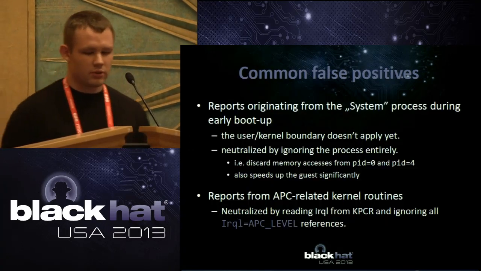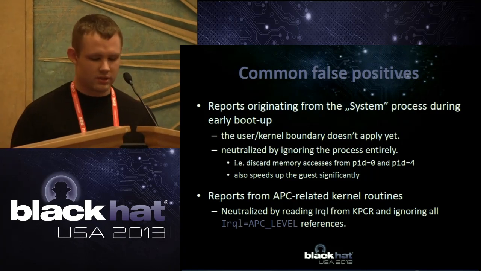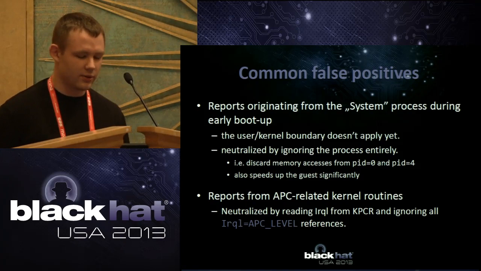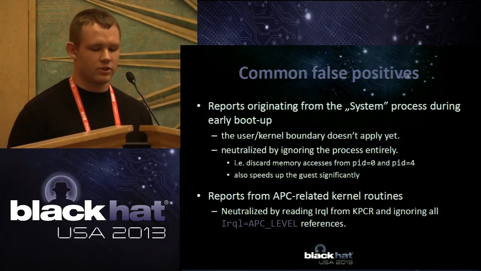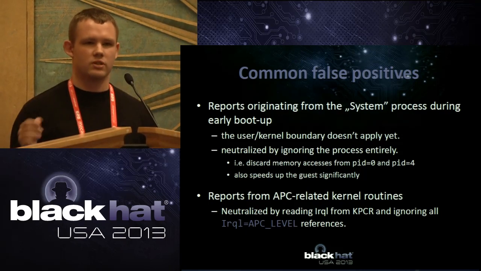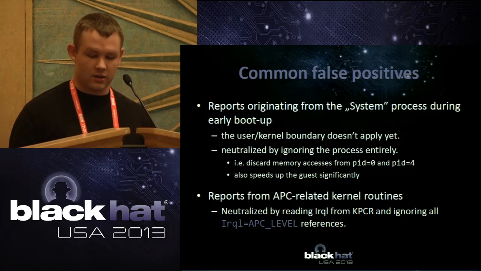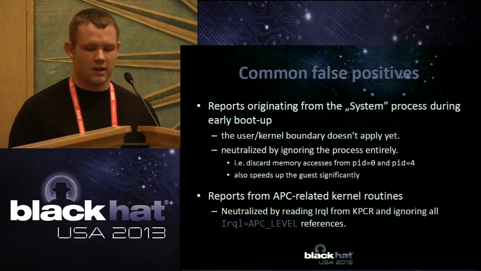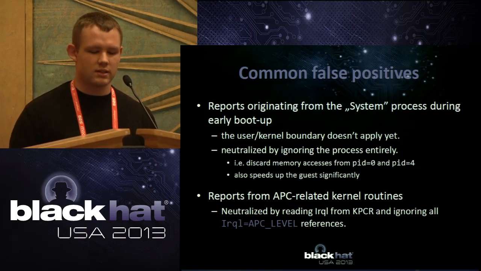So when it comes to the false positives that we encountered when we were running Windows on Bochspwn, there are quite a few of them. The first one is reports originating from the system process, which is the most important process in Windows. It is a kernel mode process entirely, and its main activity is when the system boots.